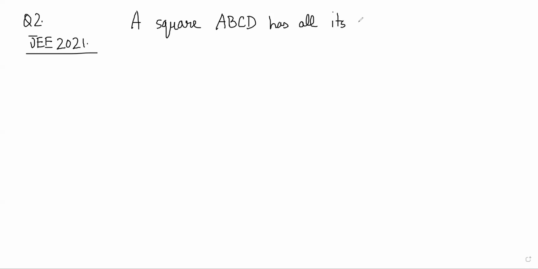This is a question from JEE 2021. It says a square ABCD has all its vertices on the curve x square y square equals 1.